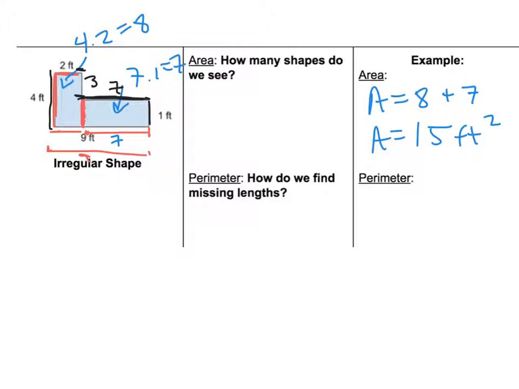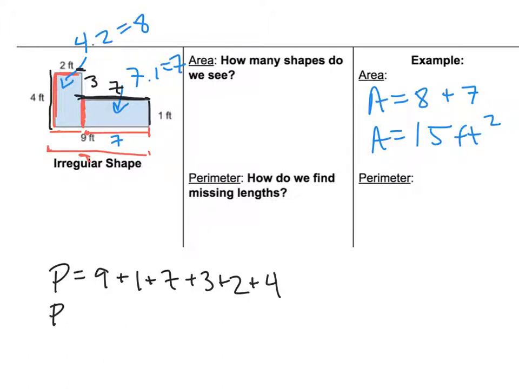So when I find the perimeter, I'm going to add all of the side lengths together. So perimeter is going to be 9 plus 1 plus 7 plus 3 plus 2 plus 4.